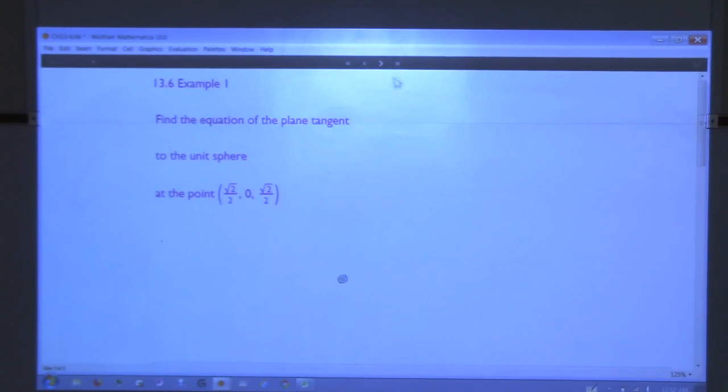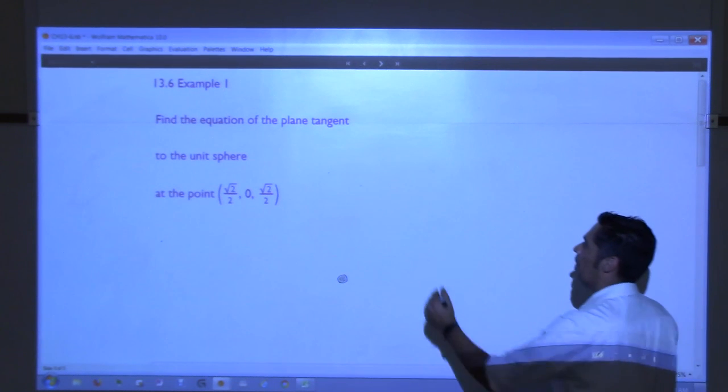And we're going to do that now. Let's find the equation of the plane that's tangent to the unit sphere at this point. First of all, what is the vector function that gives us the unit sphere?